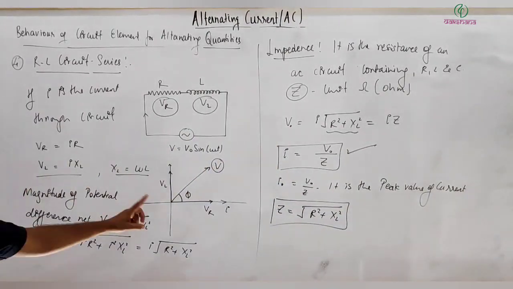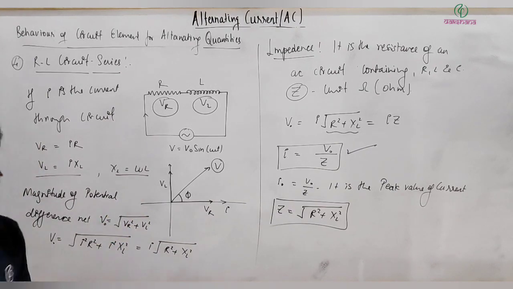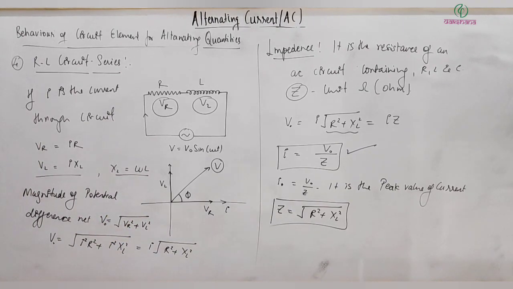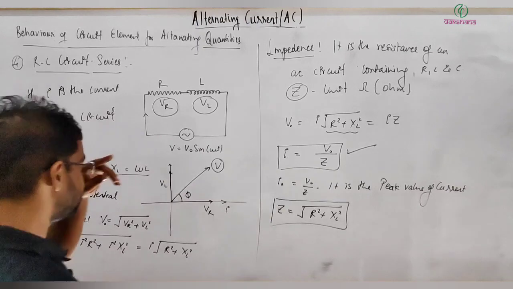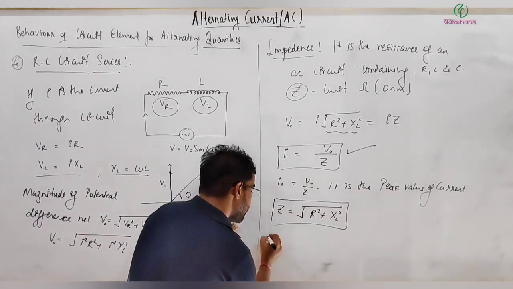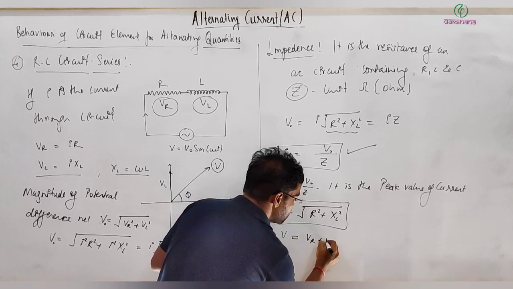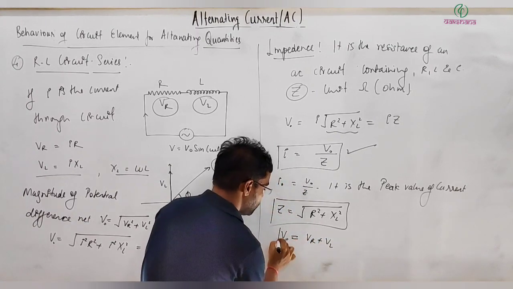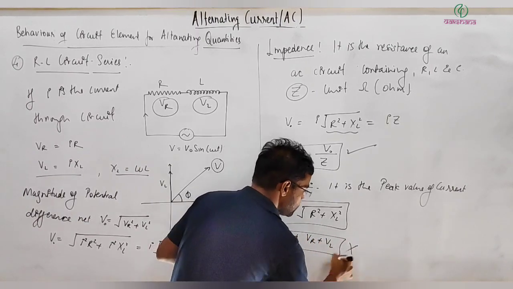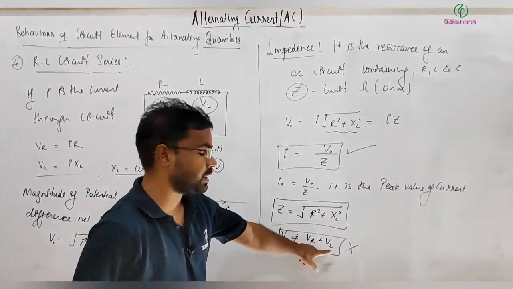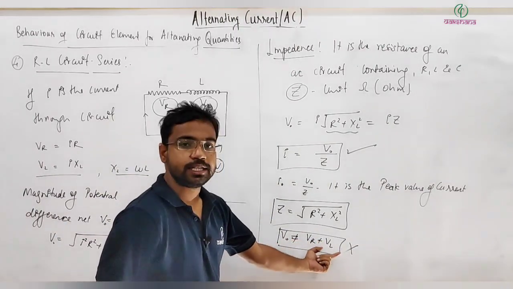So this is about the phasor diagram, and let me write a few more points here. V is not equal to VR plus VL. V naught is not equal to this quantity; we can't apply KVL in this form.